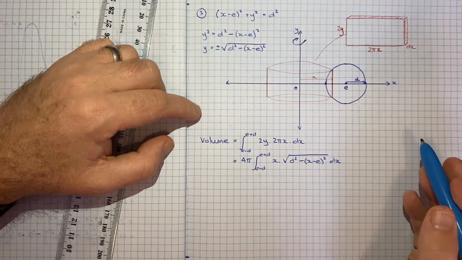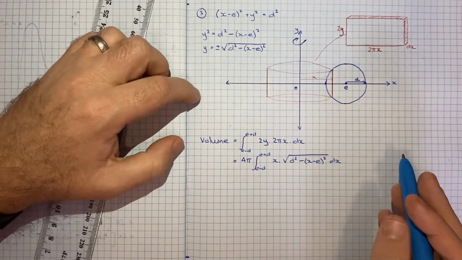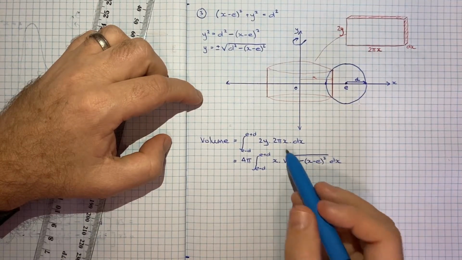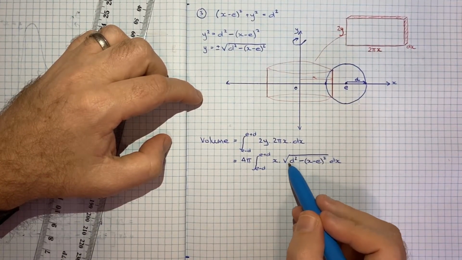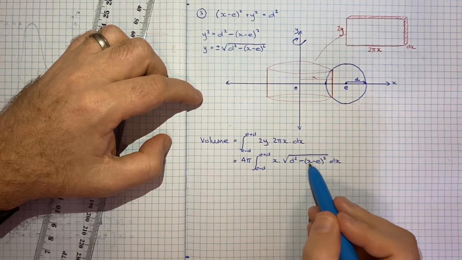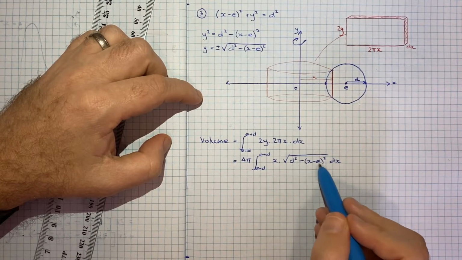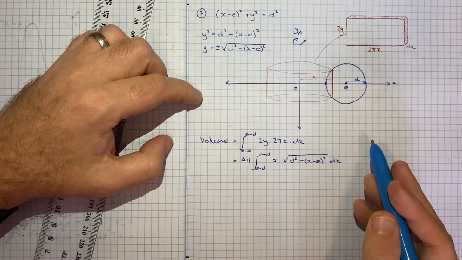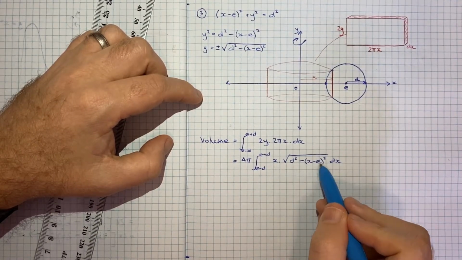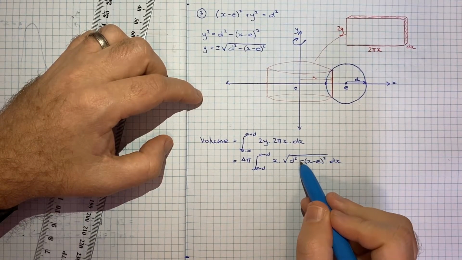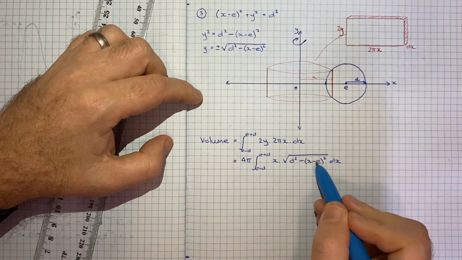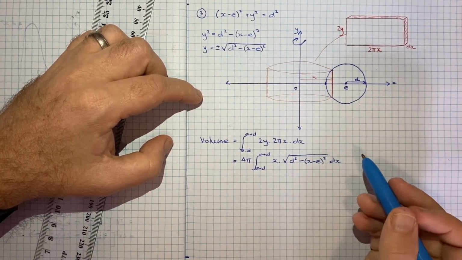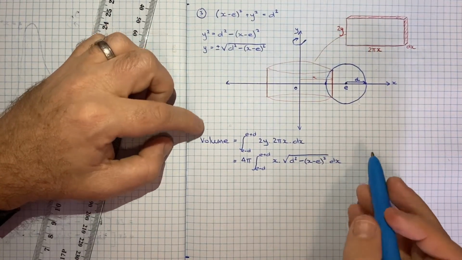Now I think one way to tackle this integral is to notice that if we can get the derivative of what's under this square root outside the square root, we can then use the reverse chain rule. So the derivative of what's under here would be minus 2(x minus e). So let's think of how we can do that.